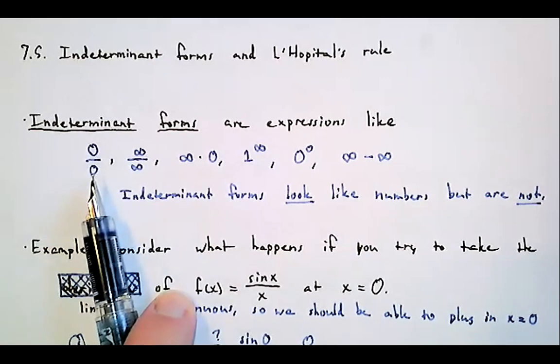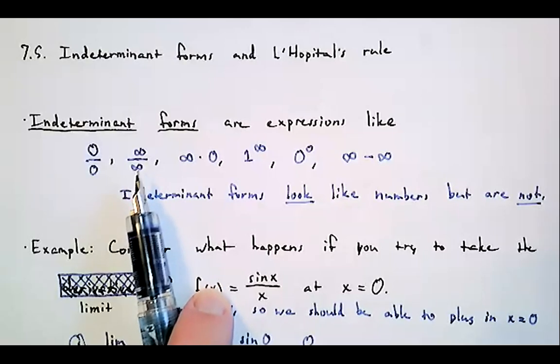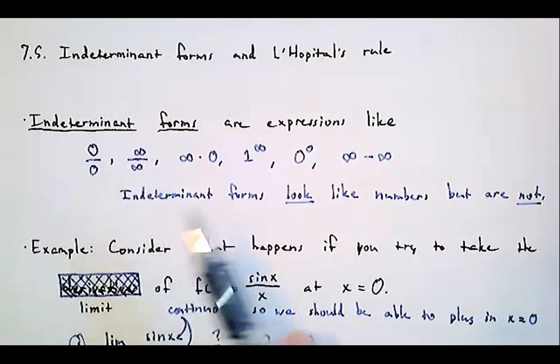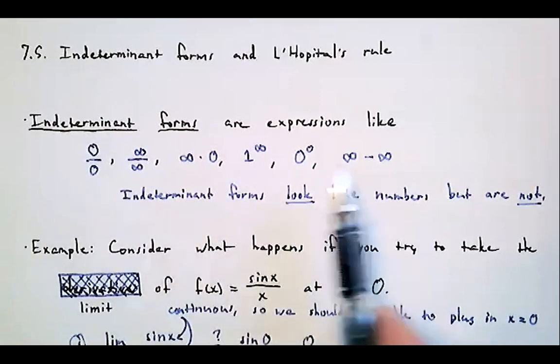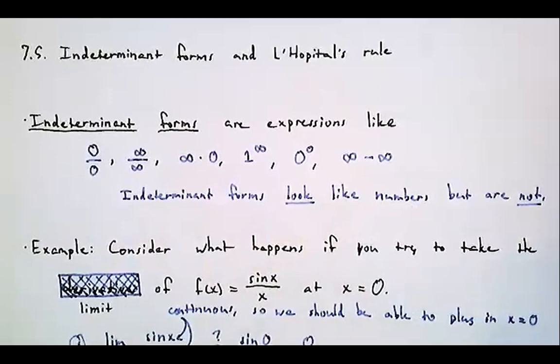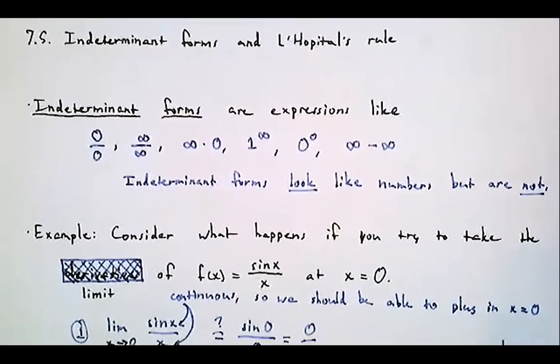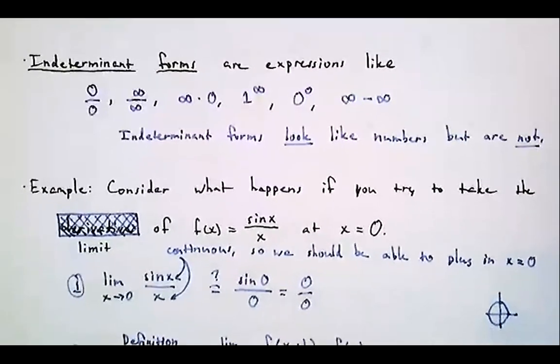You can't actually divide by 0. Infinity isn't actually a number, so you can't multiply or divide by it. And so for various reasons, all of these expressions are not really numbers, but where they show up in calculus is in limits primarily.